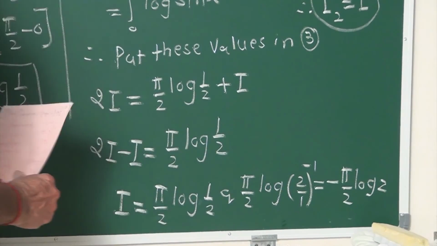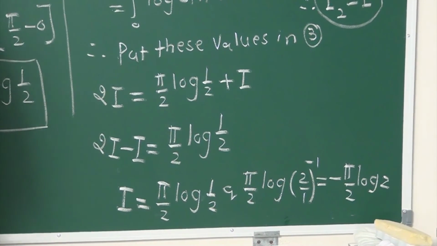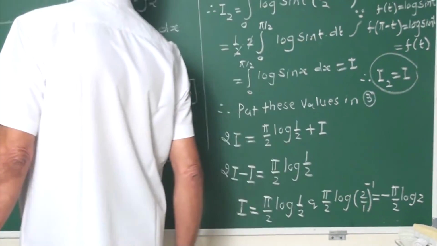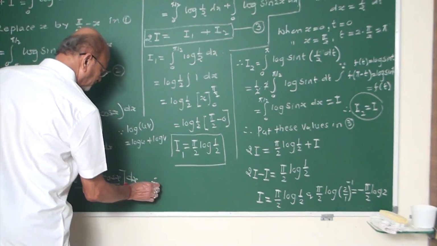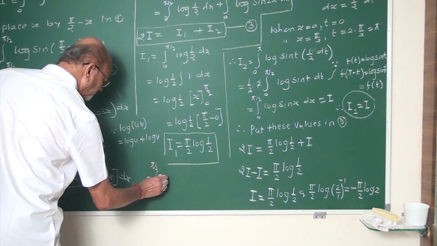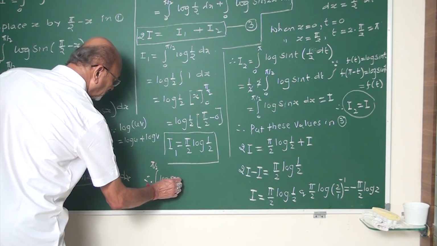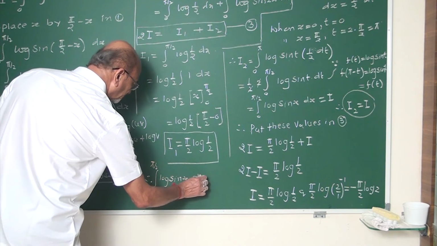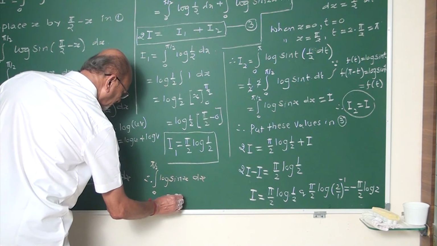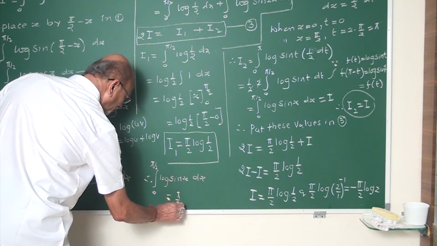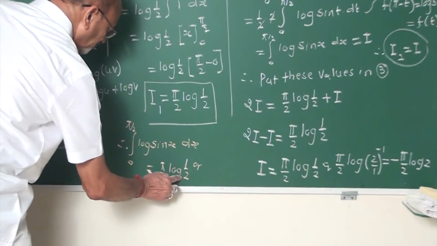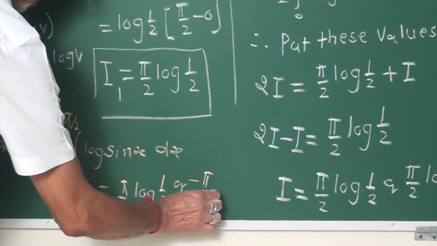Therefore, your integral 0 to pi by 2 log sin x dx equals either, with a plus sign, pi by 2 log 1 by 2, or if you change it, minus pi by 2 log 2.